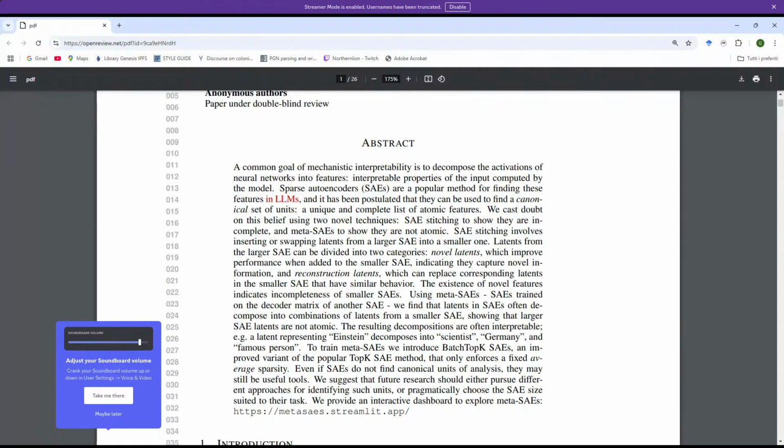The third thing that they introduce is batch top-K SAEs. Batch top-K SAEs are like top-K SAEs, but instead of taking the top activations at any given token, they do it over a batch, meaning that each token can have a different number of active latents.